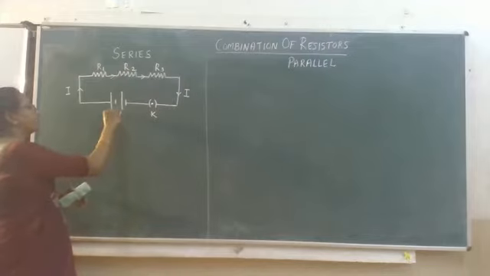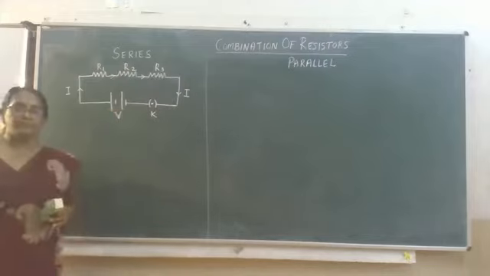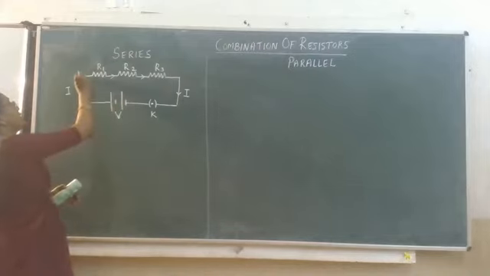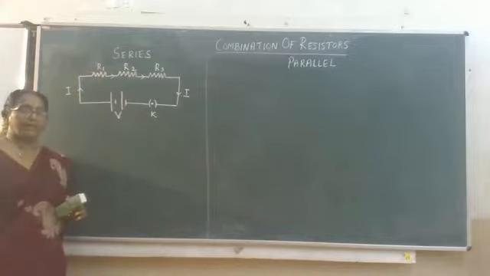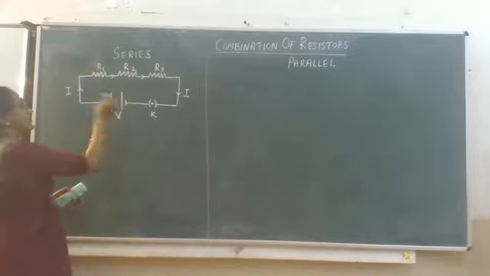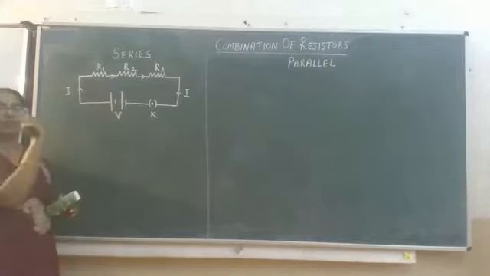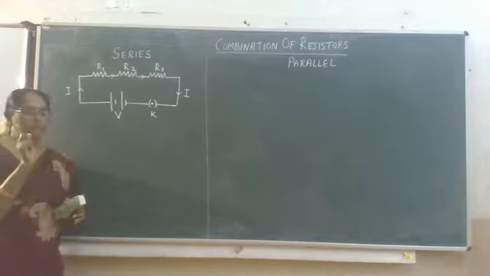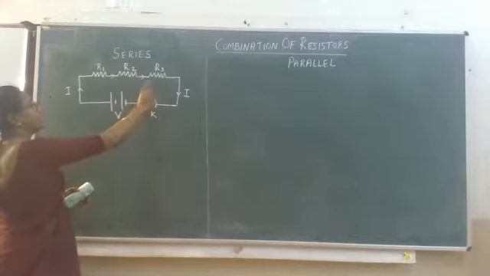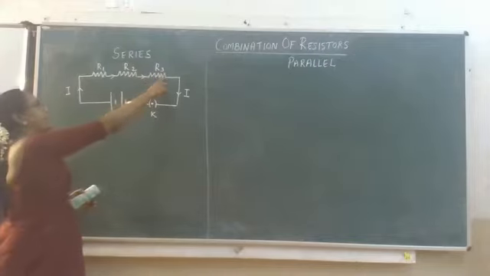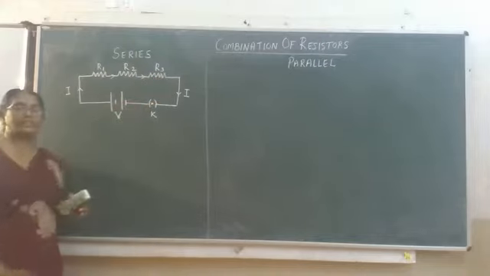What will happen to this potential difference? If you look at the circuit, the positive terminal is connected to the head of R1, but its tail is not connected to the negative terminal. Therefore, R1 will not get the full value of V. And on the other side, what is happening? At the end of the connection, from R3, the negative terminal is connected.